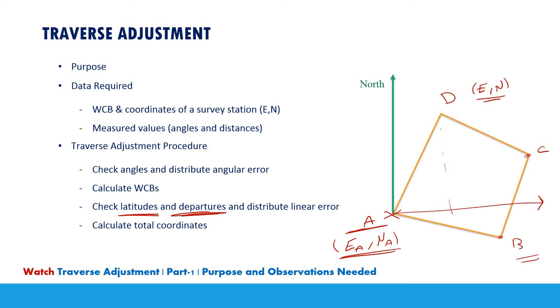What we are going to do today is very simple, guys. We are going to start from station A. Now you know station A, you know its easting and northing.